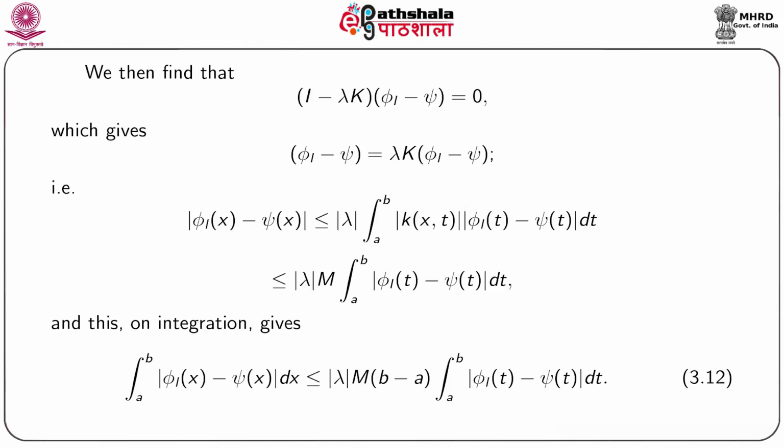So, their difference satisfies the corresponding homogeneous integral equation. So, this gives phi L x minus psi x equal to lambda into capital K operating on phi L minus psi.